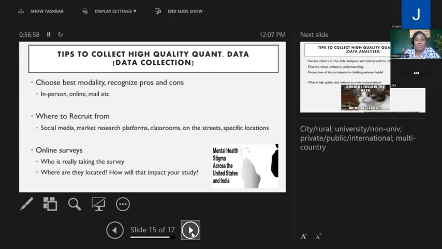So for example, my student and I were doing research looking at mental health stigma across the United States and India, all right? Our goal was looking for participants who were Indians in India, because it was a cross-cultural study. So we're also looking at certain cultural variables. And so we used one of the market research platforms.